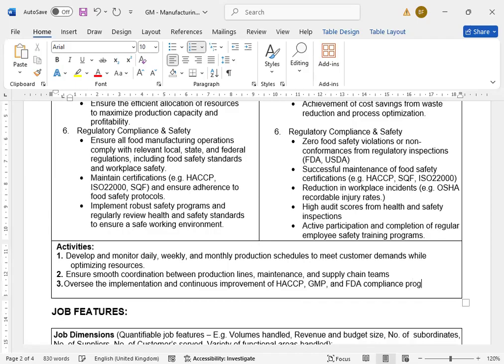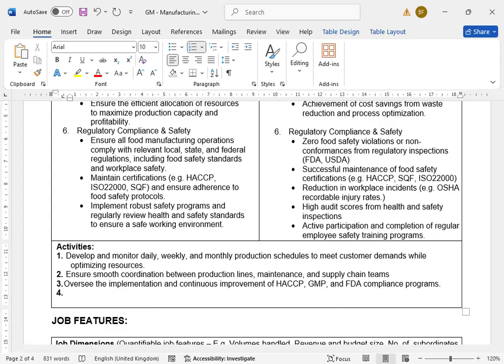I will add programs. Compliance programs.